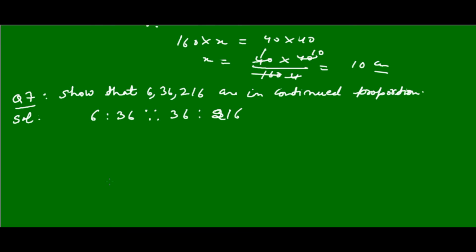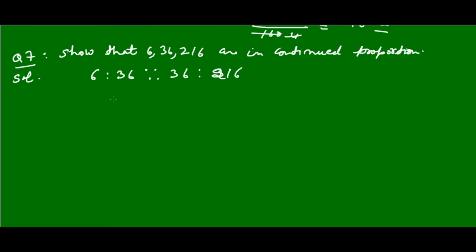If product of extremes is equal to product of means, then the given ratios are in proportion. Therefore product of extremes, 6 multiplied by 216, is equal to 36 multiplied by 36.